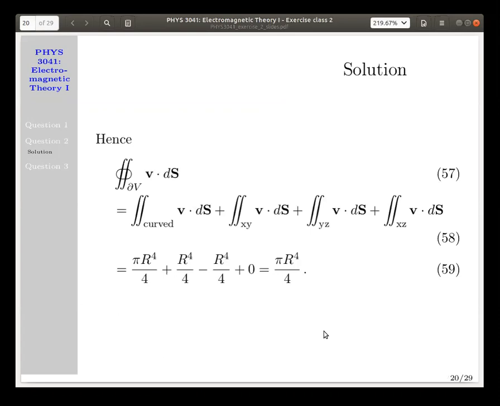Then we combine the results from each surface together to get the overall closed surface integral. And the r to the power 4 over 4 here will cancel, and you would get pi times r to the power 4 over 4, which is exactly equal to the result that we get from the volume integral.